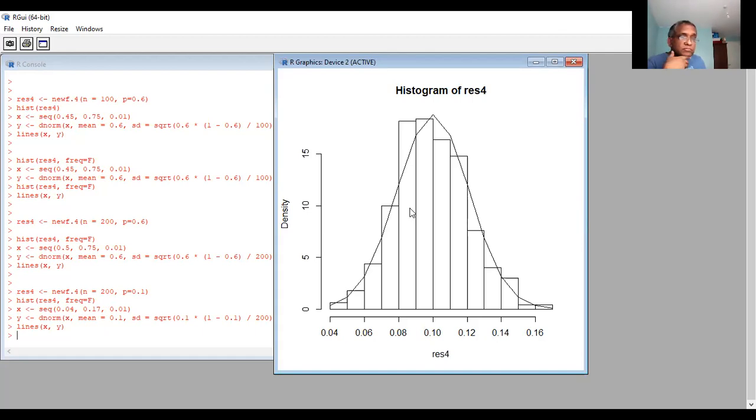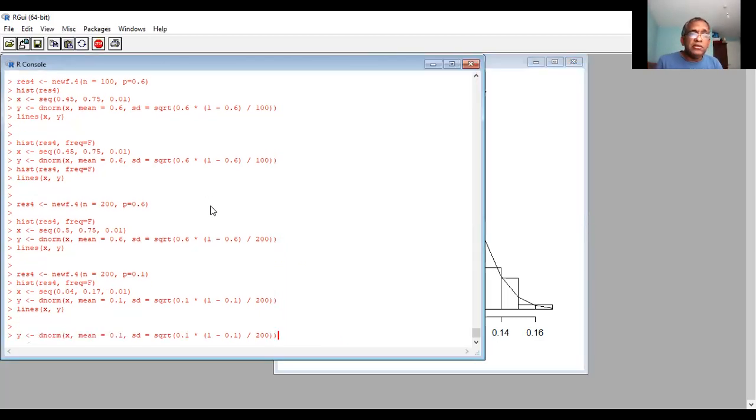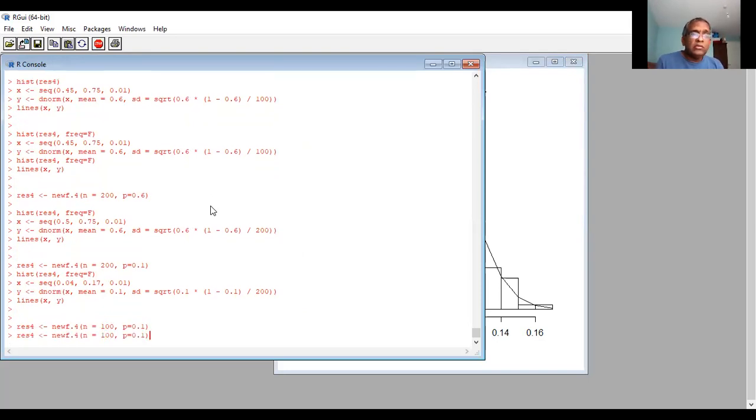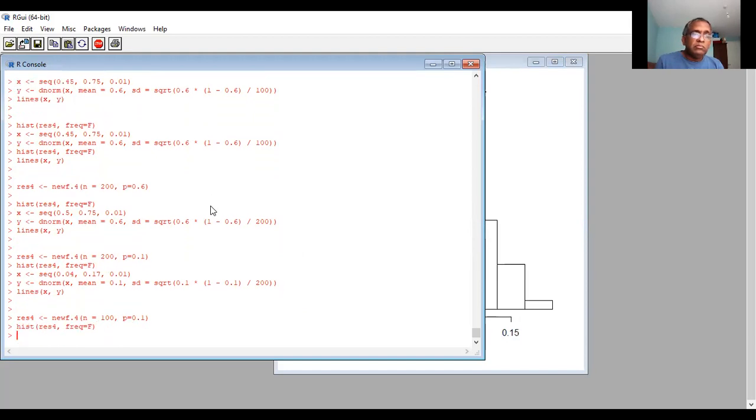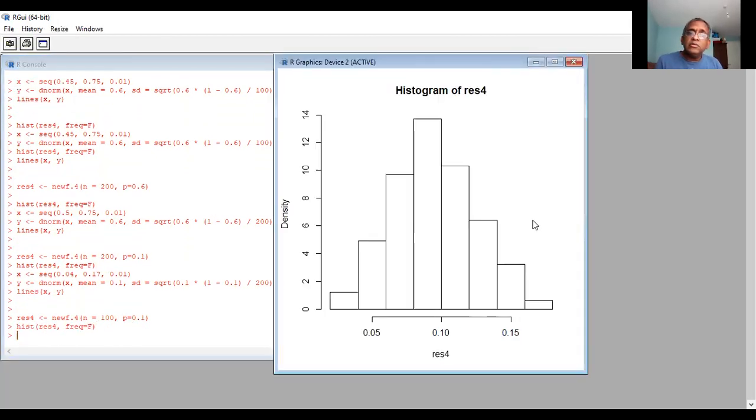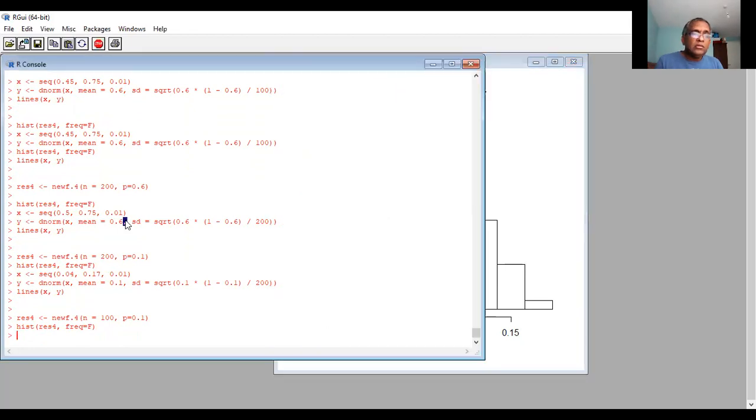All right, guys. And you can also change n to 100 if you want. Let's change n to 100 now, with p equal to 0.1. Then you do a histogram and it looks like this. So p goes from, say, 0.01 to 0.20.